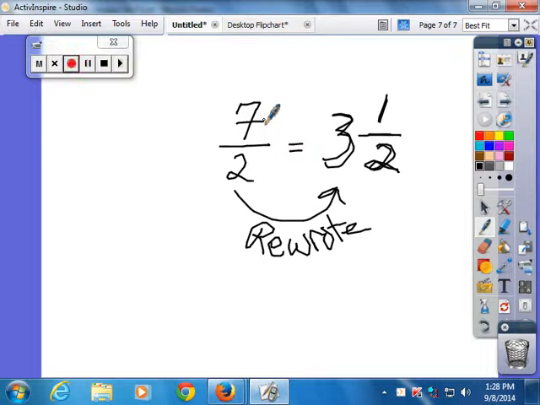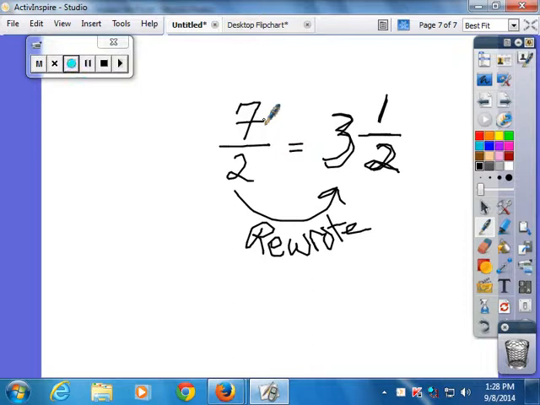When you go from an improper fraction to a mixed number, you are rewriting it, because most of the time it takes more hits of the pen with a mixed number than with an improper fraction. So do not use the word reduce. Use the word rewrite. That would be more correct. Some people have grown up thinking that they're reducing. They're not.